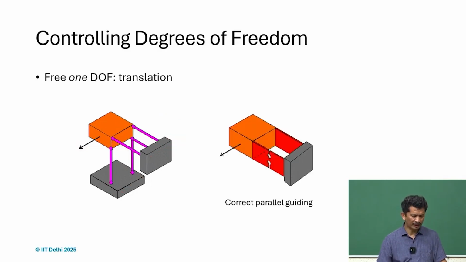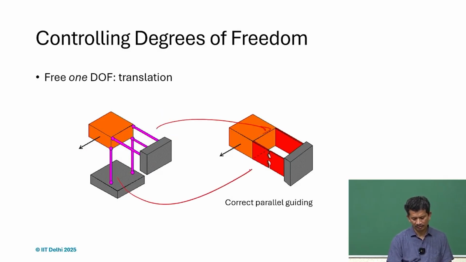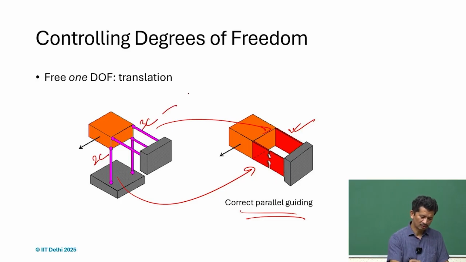But we also realize that we can always find the equivalent, and we can get a parallel guiding using the sheet flexures. Of course, for 3C we have this, and for 2C we have this arrangement. So, this leads to sheet flexures, call it SF, and this is the sheet flexure with hole.